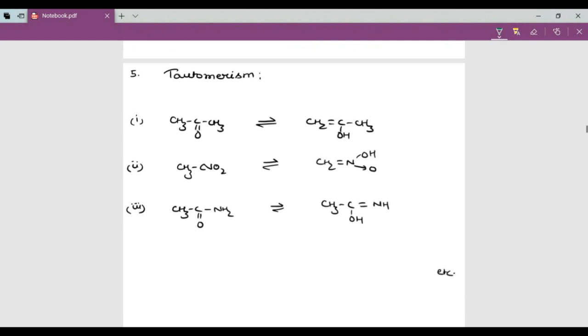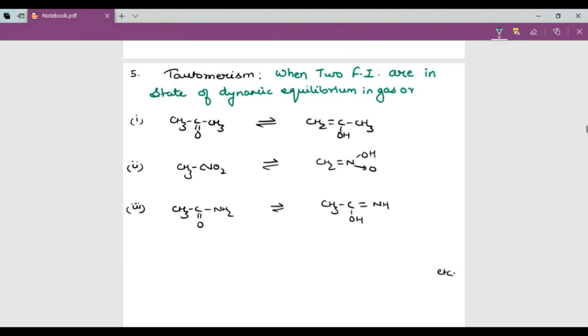Okay, and the definition is: when two functional isomers are in a state of dynamic equilibrium in gas or liquid phase, then it is called tautomerism, and the pair of compounds are called tautomers.